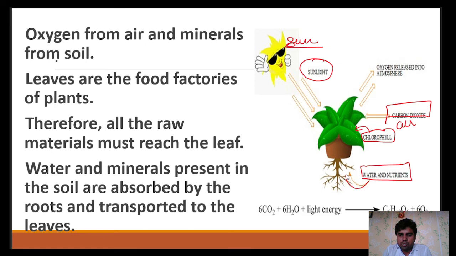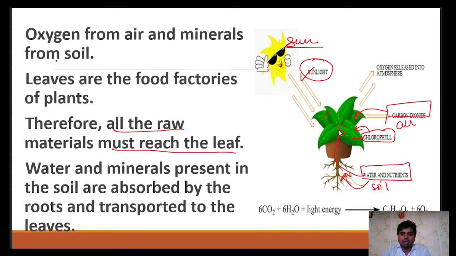Therefore all the raw materials must reach the leaf. So sunlight should also reach the leaf, chlorophyll already present, carbon dioxide also reaches the leaf, water and nutrients also reach the leaf. Now all the raw materials are collected in the leaf itself.